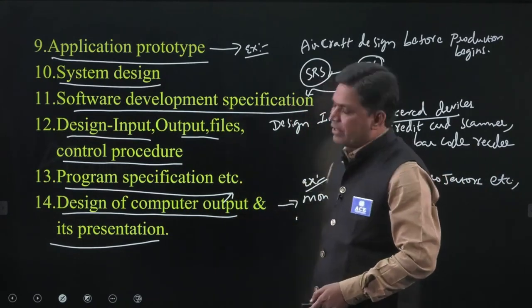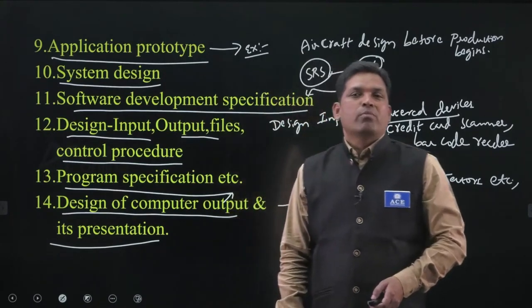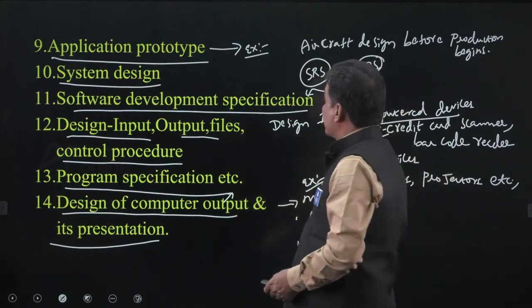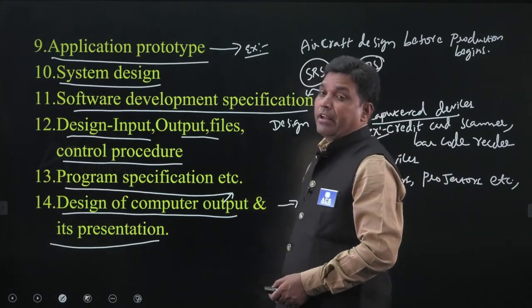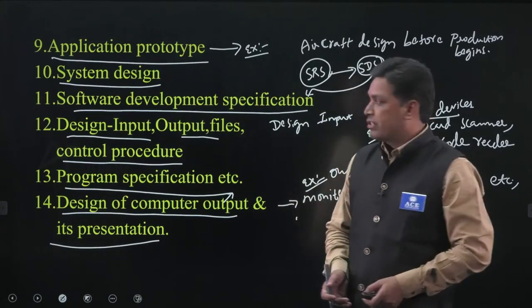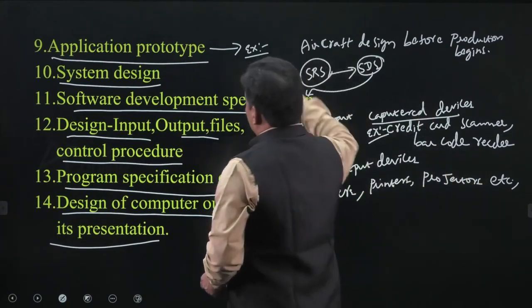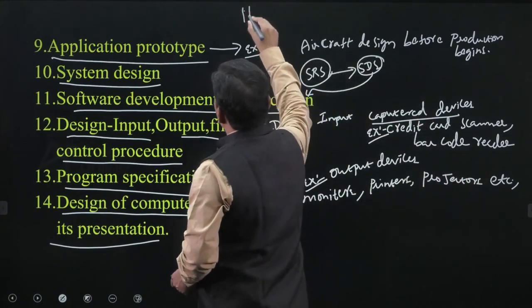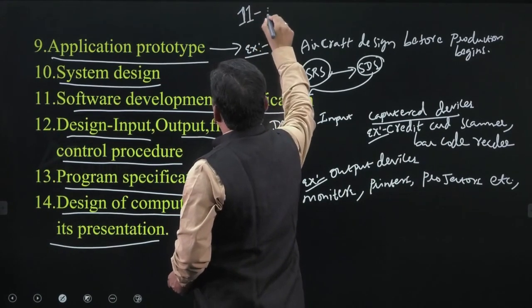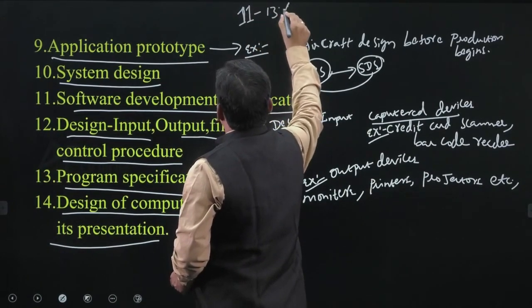So this is the syllabus which was framed by the RRB board. For system analysis and design in RRB JE, Railway Recruitment Board junior engineers, the weightage was very high, 11% to 13%.